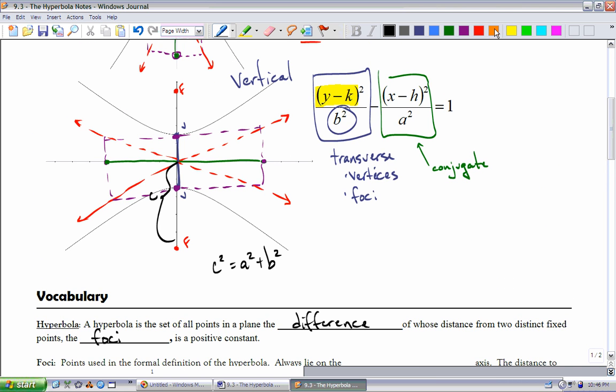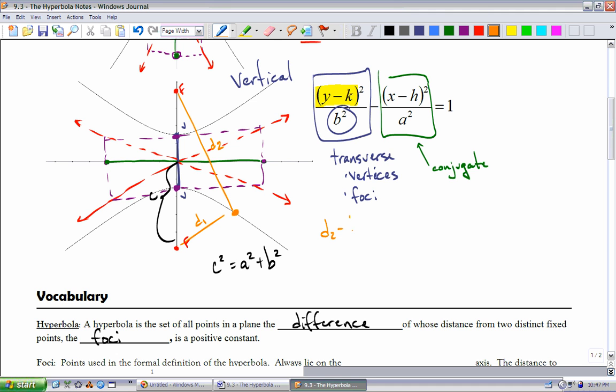If I pick some point on my hyperbola and I look at this distance 1, you don't have to calculate this or even draw this, but I'm just going to show you. If you look at those and you say, okay, here's distance 1 and distance 2.